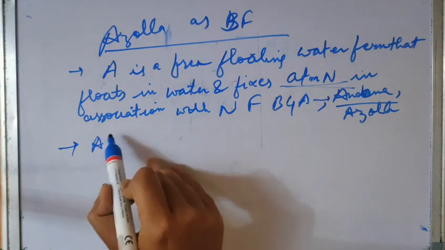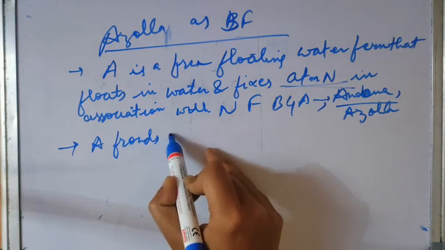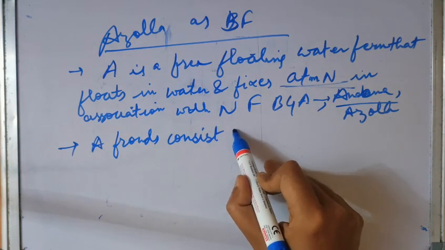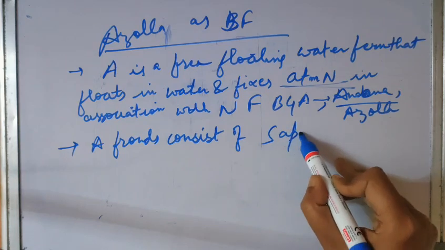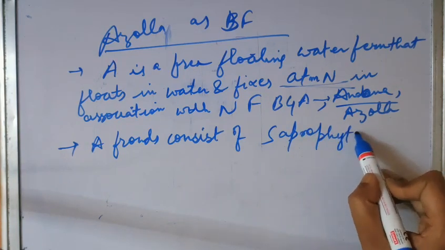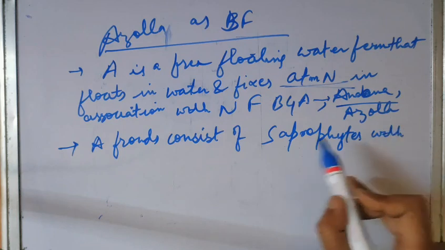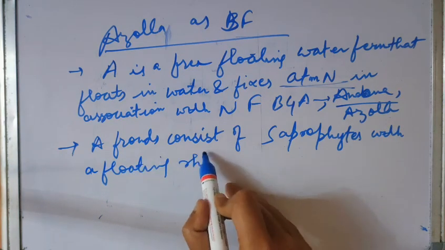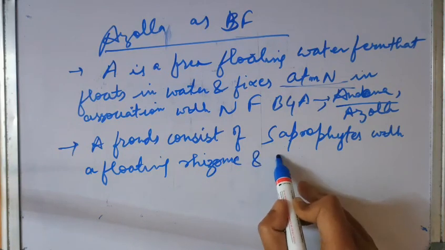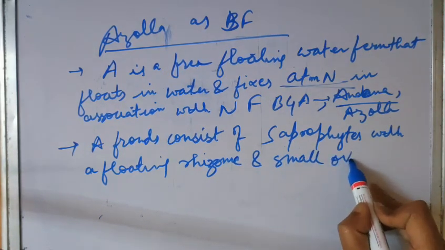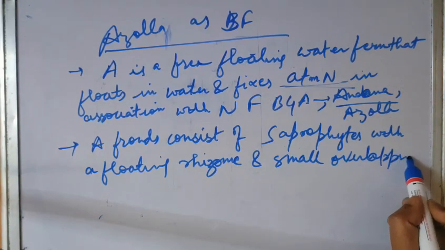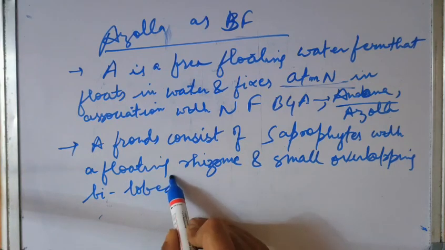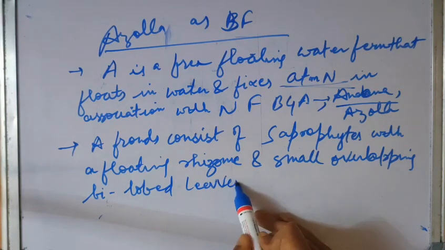Azolla fronds consist of sporophytes with a floating rhizome and small overlapping bilobed leaves and roots.